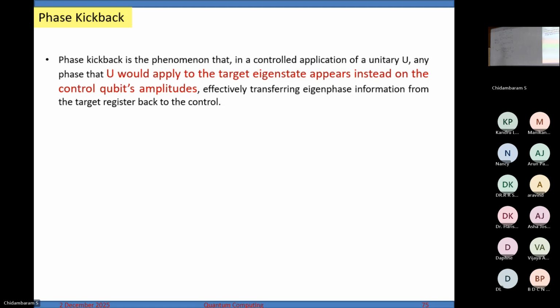And some companies are bringing chips with qubits in single digits, a chipset having 6 qubits, 5 qubits. In fact, I was told that one of our alumni has a startup where they have built this at the chip level.